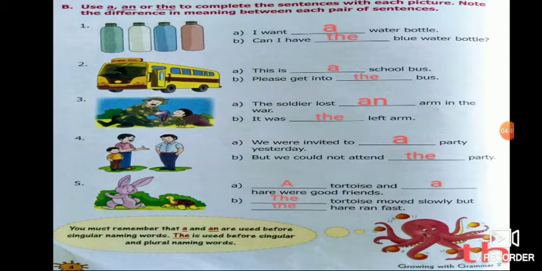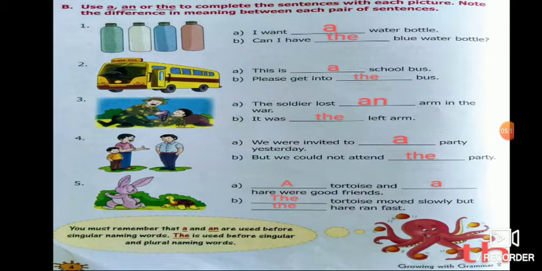Can I have the blue water bottle? Here, in the second sentence, children, the is used because the bottle color is given. It means the specific one. So, here the is used.